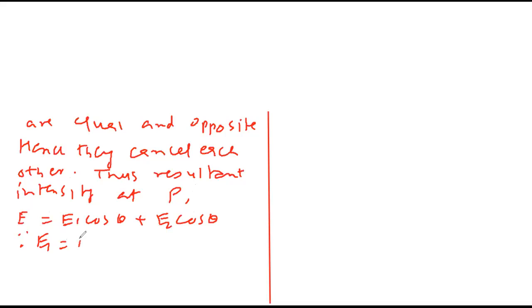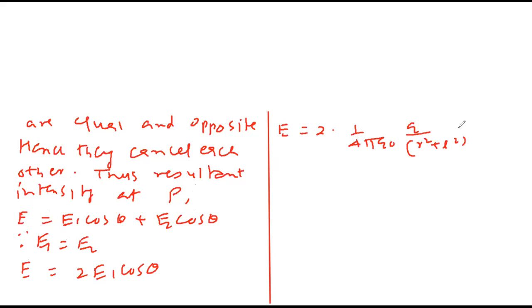Since E1 is the same as E2, E will become 2 times E1 cos theta. So E equals 2 times 1 upon 4 pi epsilon naught Q upon R square plus L square, times cos theta. If you look in the diagram, what is cos theta? Can you see in the diagram?